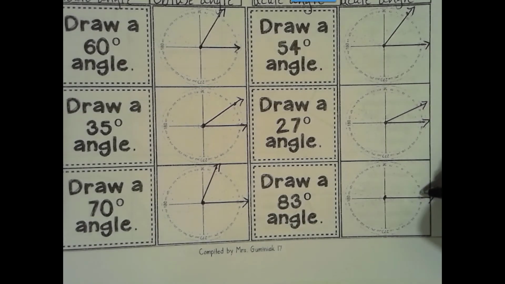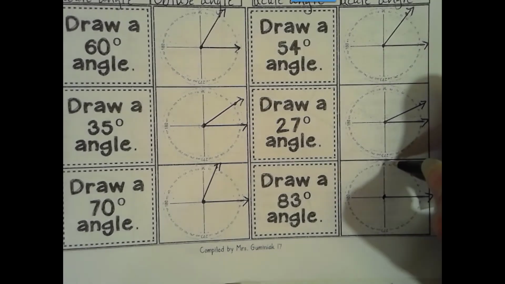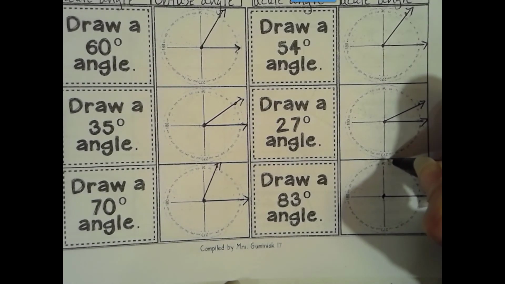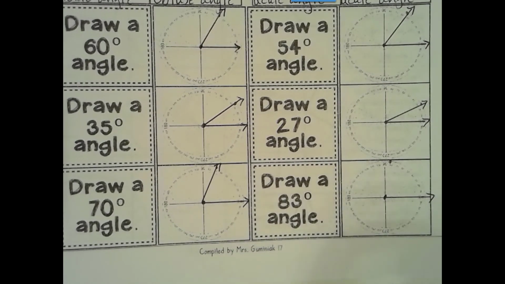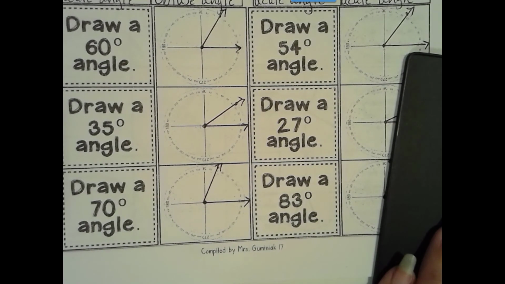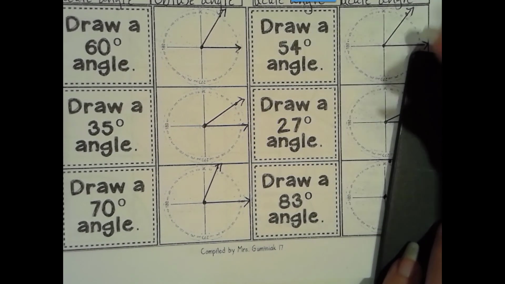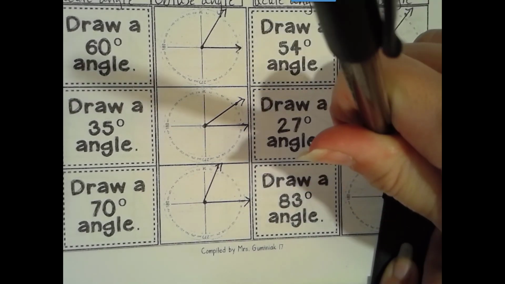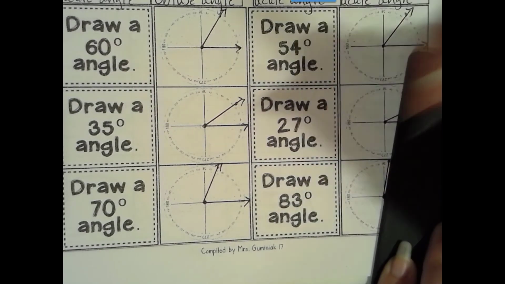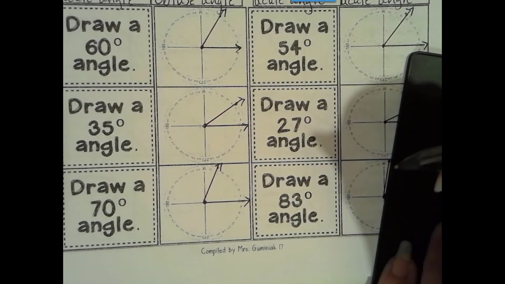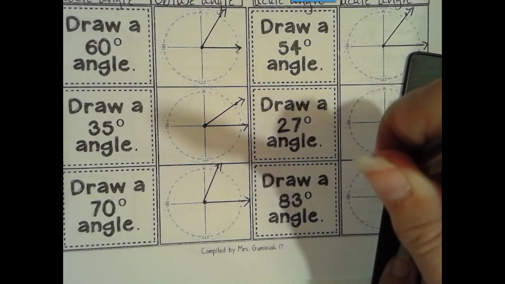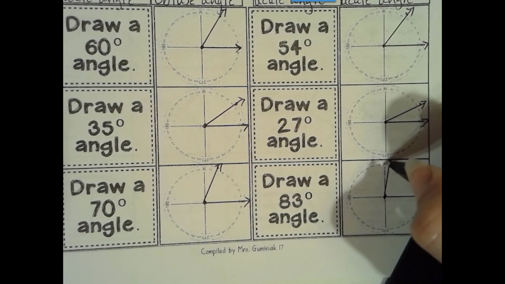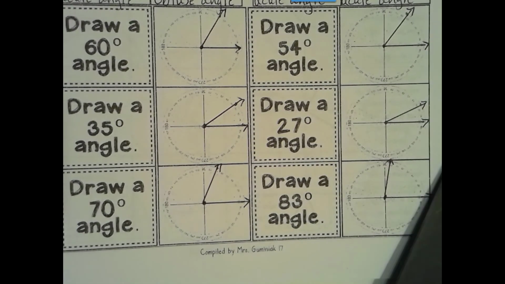So we have 10, 20, 30, 40, 50, 60, 70, 80, and it's just a little bit past 80. Line those up. You notice I always have my pen or pencil right next to the straight edge to make sure it's straight. And we put our other arrow on.